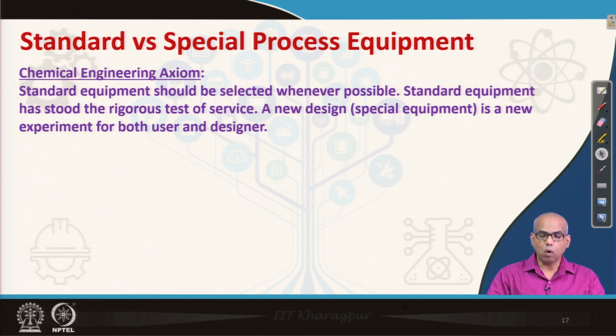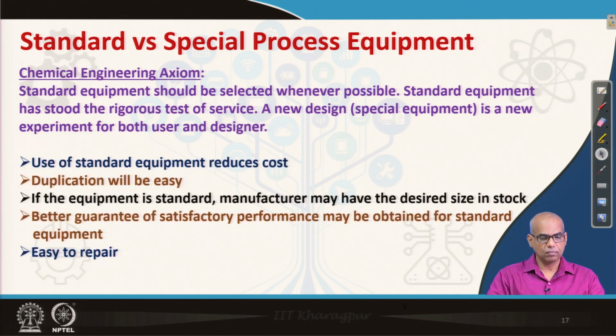So, if possible, we should always use standard equipment that can be purchased off the shelf from specialist manufacturers. The use of standard equipment reduces the cost. If you use standard equipment, the duplication will be easy.